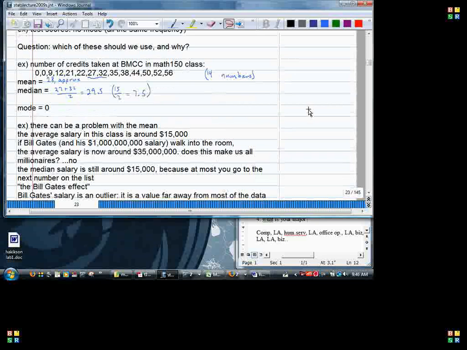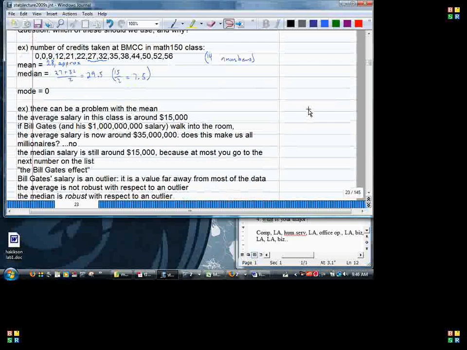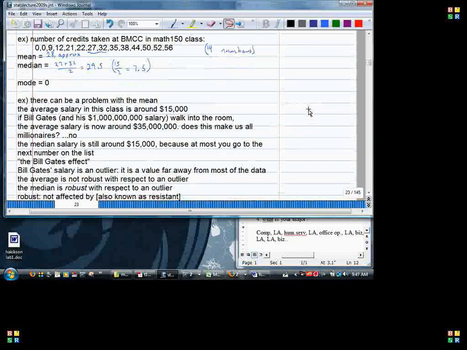The average shoots up. What happens to the median? It barely changes. There's a term for this in statistics. We say the average is not robust with respect to an outlier, but the median is robust. Robust means not affected by.